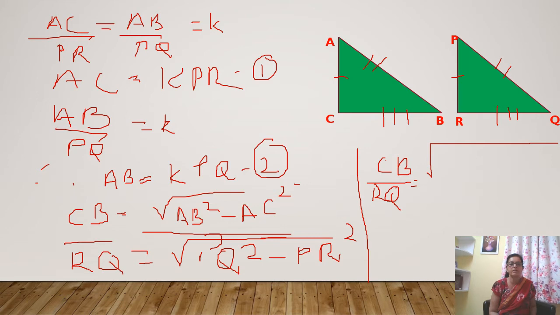Over here, this AB squared will be replaced by KPQ. So KPQ squared, what is the square of KPQ? It will be K squared. Don't forget to write K squared. K squared PQ squared.